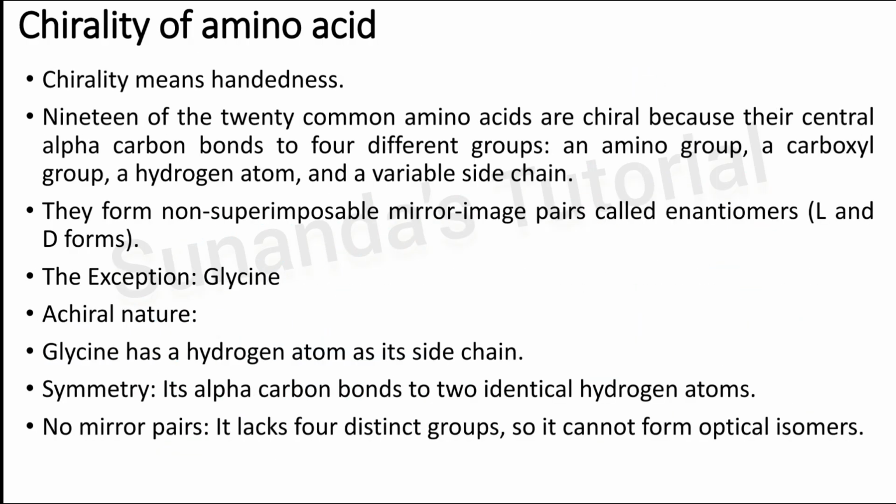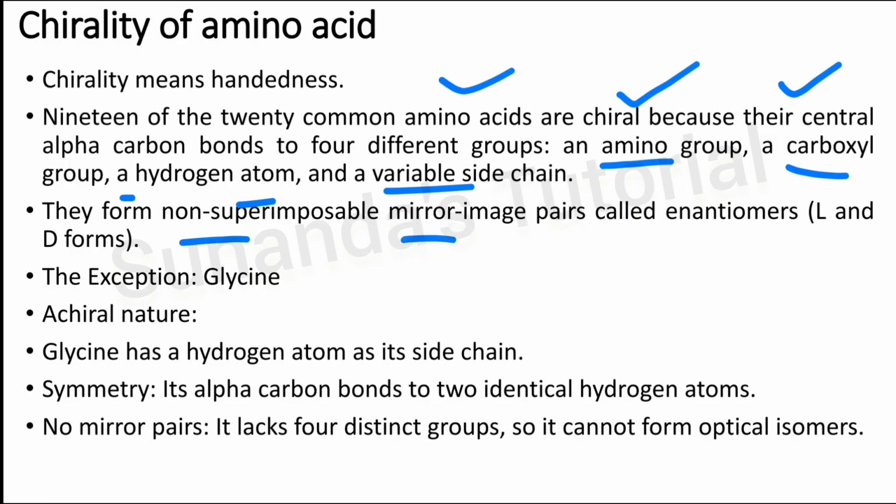Now the chirality of amino acids. 19 of the 20 common amino acids are chiral because the central alpha carbon bonds to 4 different groups: an amino group, a carboxyl group, a hydrogen atom and a variable side chain. They form non-superimposable mirror image pairs called enantiomers. The amino acid can have an L form and a D form.